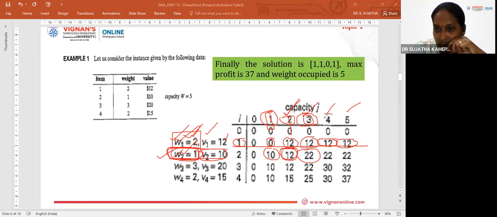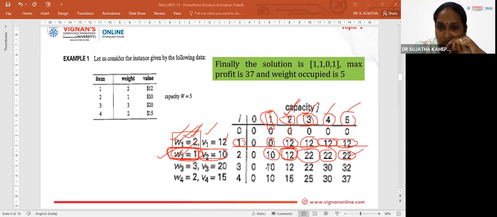Now here also the capacity is 4, so I can place both the objects and earn a profit of 22. Here also the capacity is 5, I can place both the objects. So the value that I can gain becomes 22.